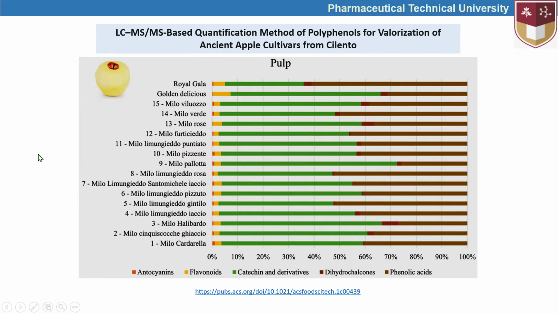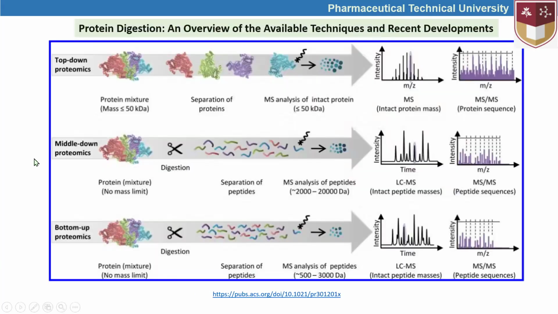So here we can make a conclusion that by using LC-MSMS tools, we can develop this kind of approaches and quantify not only some compounds, but also the class of different compounds.